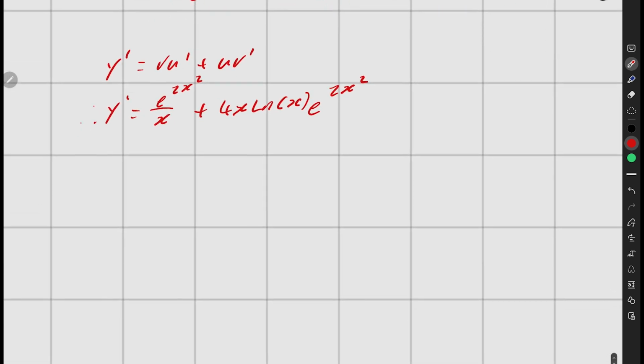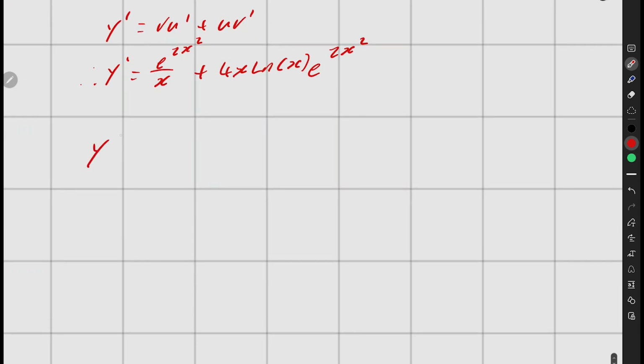And if we wanted to, we can factor out an e, so we can say y dash is going to be equal to e to the 2x squared multiplied by 1 over x plus 4x ln x.